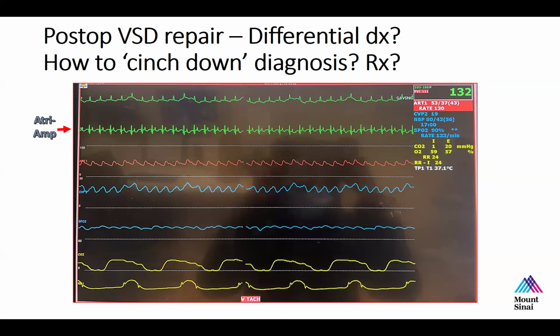And that was also a very effective way of determining whether this was VT or JET. What we found, in fact, was that this QRS was quite different than the original QRS when the patient was in sinus rhythm when they first came back.